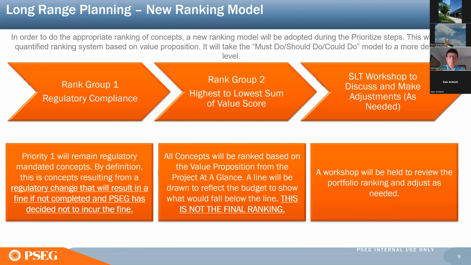Following on that, this is getting into more details of how we're going to rank those, right? Obviously if something is required for regulatory compliance, that's going to be a very high, quote unquote, must do. The second then becomes more of an evaluation of the objective scores, so we're going to look at the higher scoring ones first versus the lower. There will be a workshop amongst the SLT later this summer to rank and stack this work.